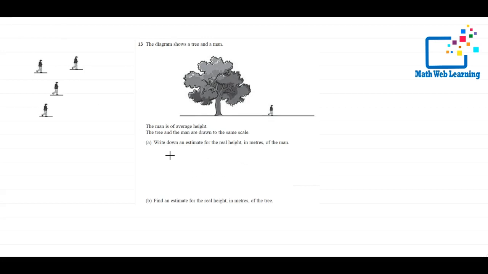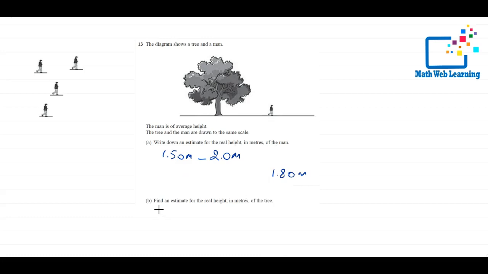Now, a real man could be anything between 1 meter 50 up to maybe 2 meters, so that's the kind of answer that would be accepted. But you need to give one answer. I would personally go for 1 meter 80. This is not because I am 180 tall. It's because average people are around that height.